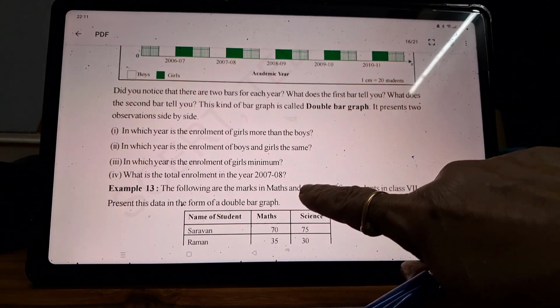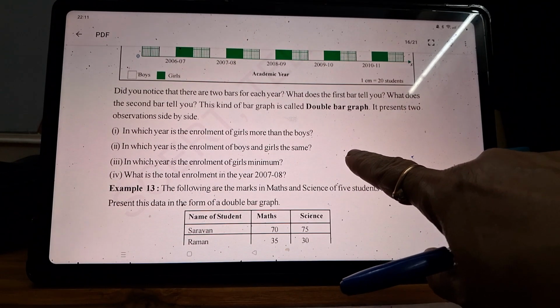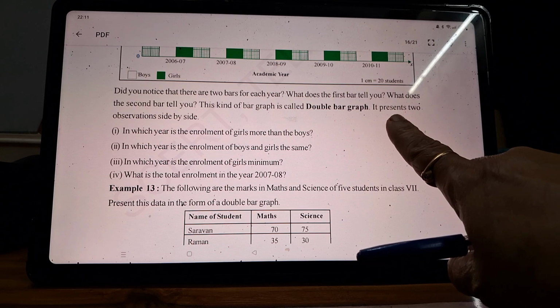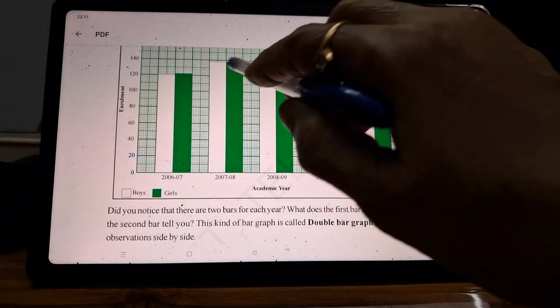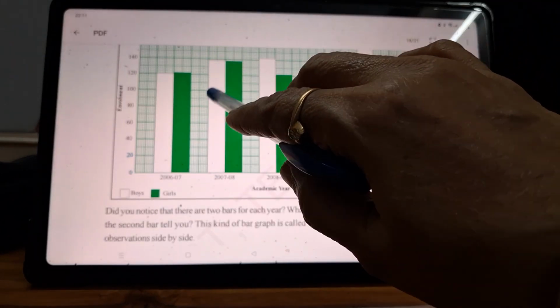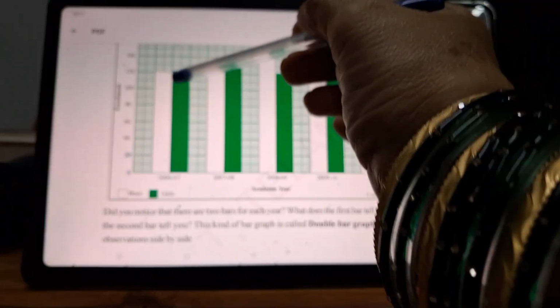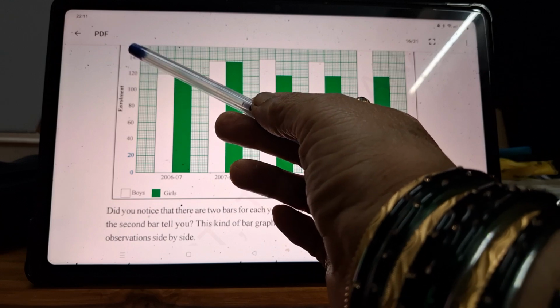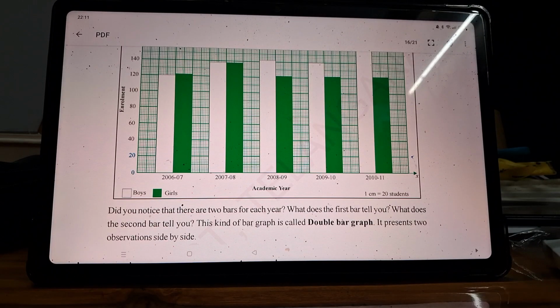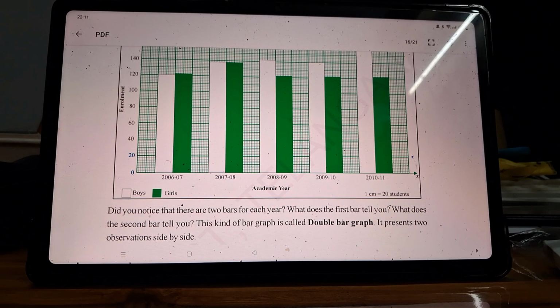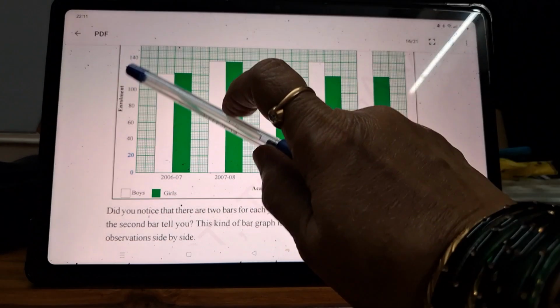Next question. What is the total enrollment in the year 2007, 2008? Total enrollment 2007-8 is this. Both of them are the same. That is 120. See children, this is 20, which means 1 unit carries 10. This is 120, this is 130.